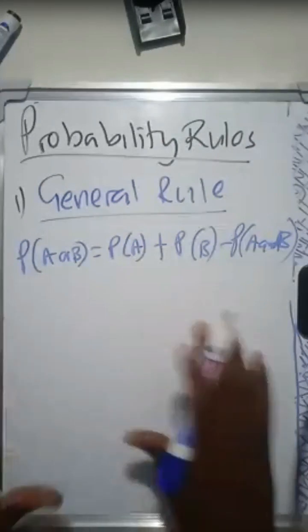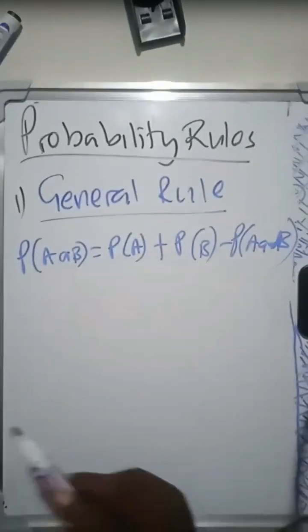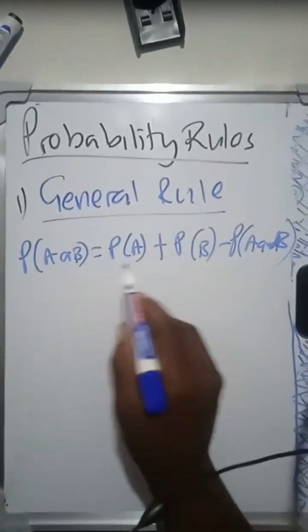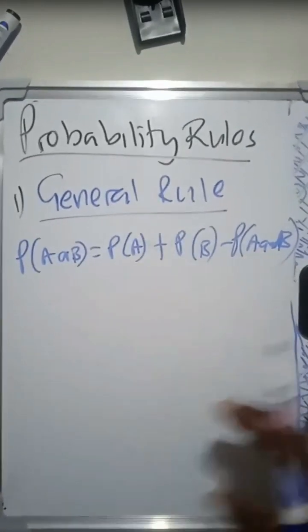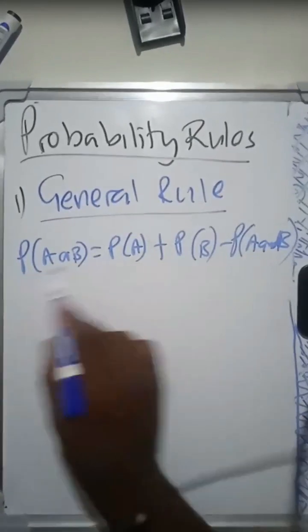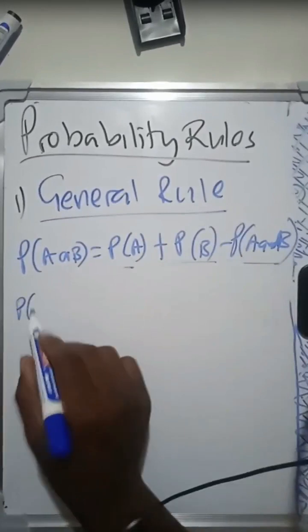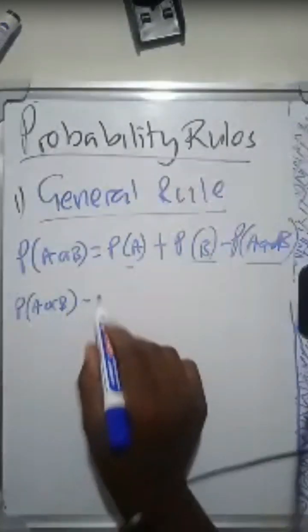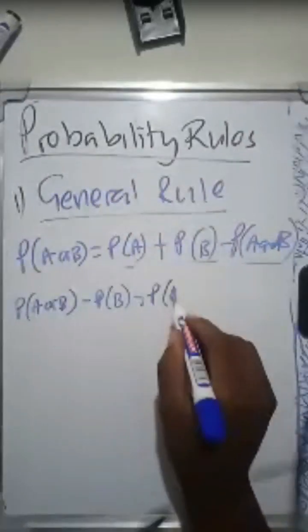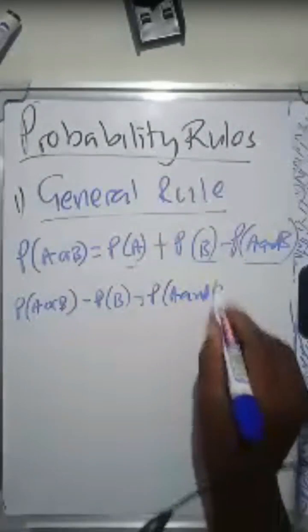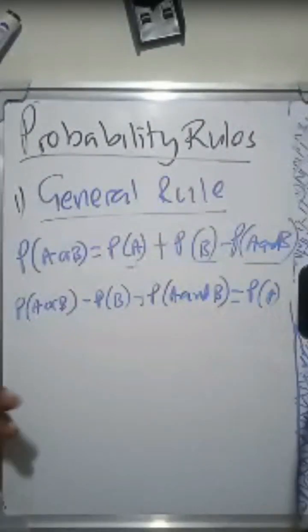So here, guys, you can use this one to calculate any of the four. For example, if you want to calculate probability of A, it means you are going to make probability of A the subject of the formula. You want this, so it's going to be probability of A or B minus probability of B, if you take this one across, plus probability of A and B, then you get probability of A. So it depends what you are given.